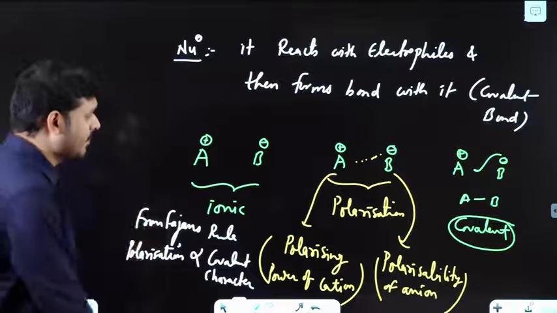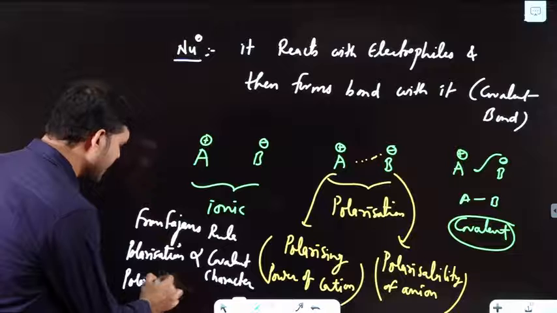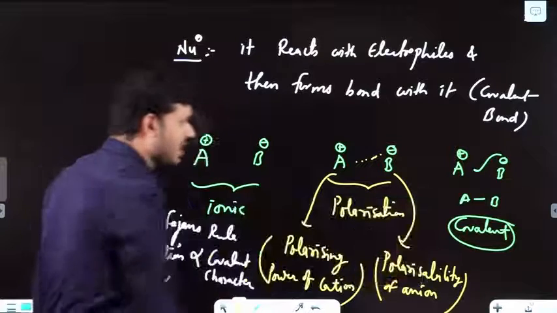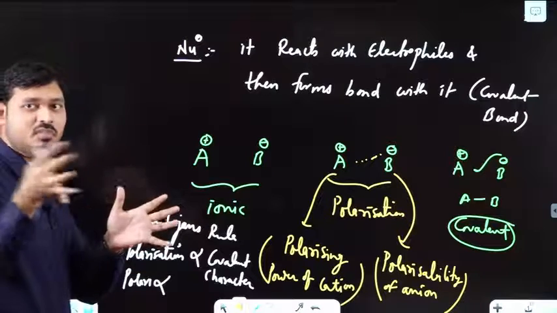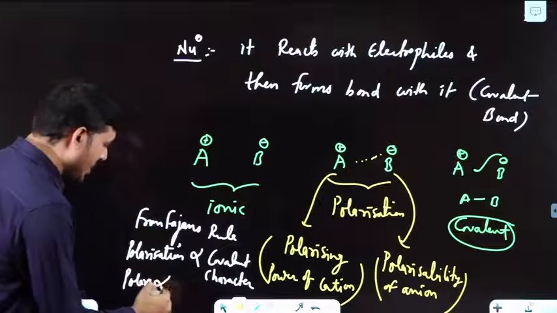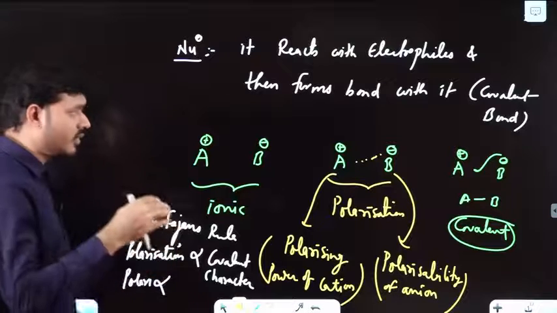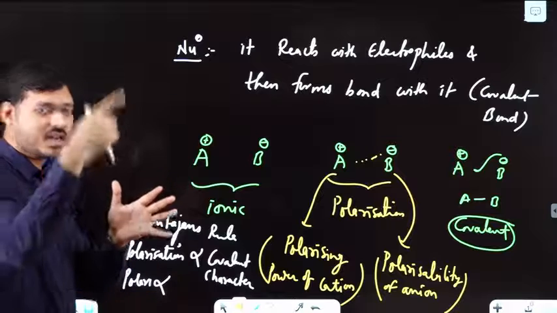Second point is polarization is directly proportional to size of what? See, if the cation is smaller, near the nucleus, so more will be polarization. As size of cation decreases, polarization increases.